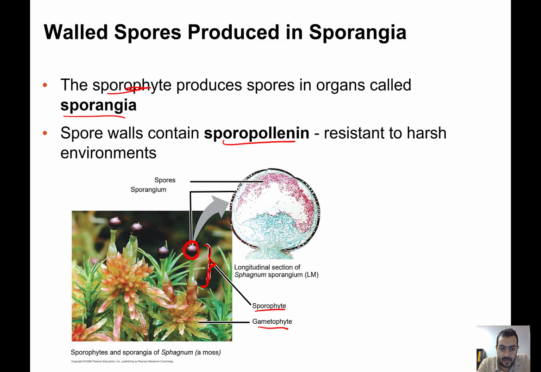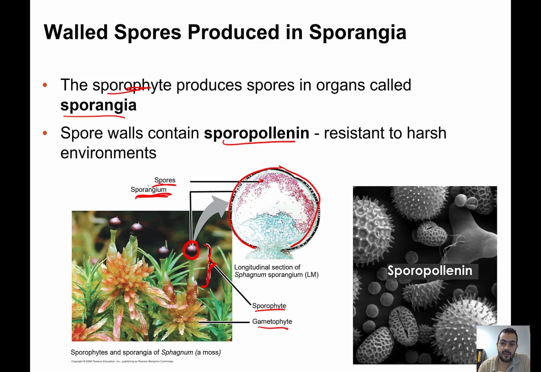This capsule at the top is the place or the organ where the spores will be produced. So this capsule is called sporangium. This organ is called sporangium. So the whole thing is the sporangium, and within the sporangium, these reddish or purple colored parts are spores.